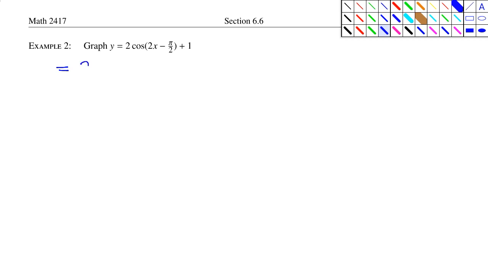So first, let's rewrite this. Factor out the 2 from the inside here. Pi over 2 divided by 2 is pi over 4. The amplitude is going to be 2.